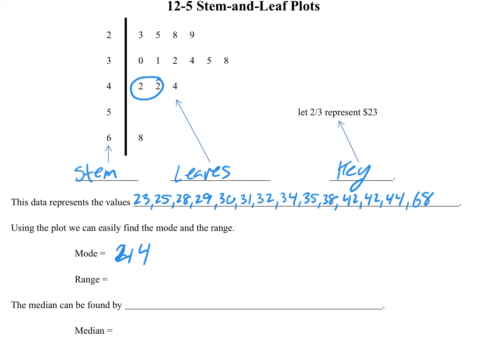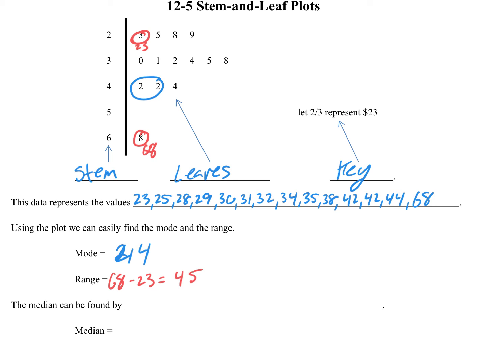I can also find my range, because I can still find my minimum value, which is 23, and my maximum value, which is 68. We can go ahead and subtract. 68 minus 23 gives me my range, which is 45.